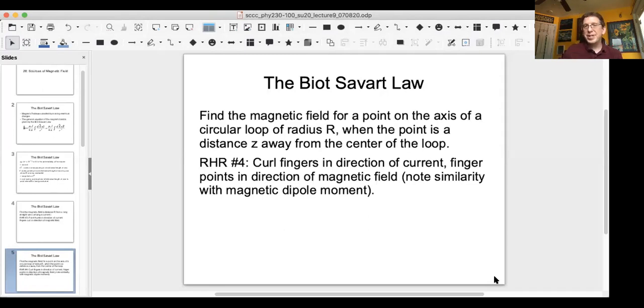But notice how this right-hand rule is very similar to right-hand rule number 2, which is for the magnetic dipole moment. That's telling you that the direction of the magnetic dipole moment vector corresponds with the direction of the magnetic field generated by that current. So again, talking about rotating electrons in iron, the potential energy is minimized when the dipole moments line up with the magnetic field.